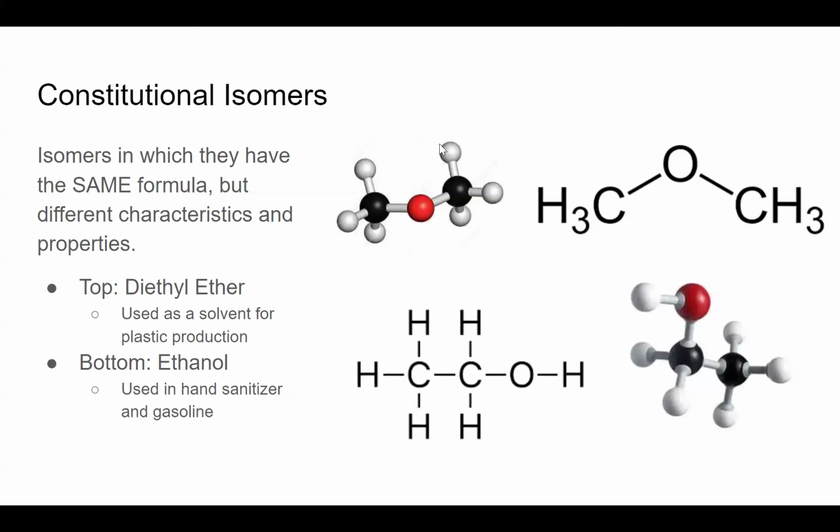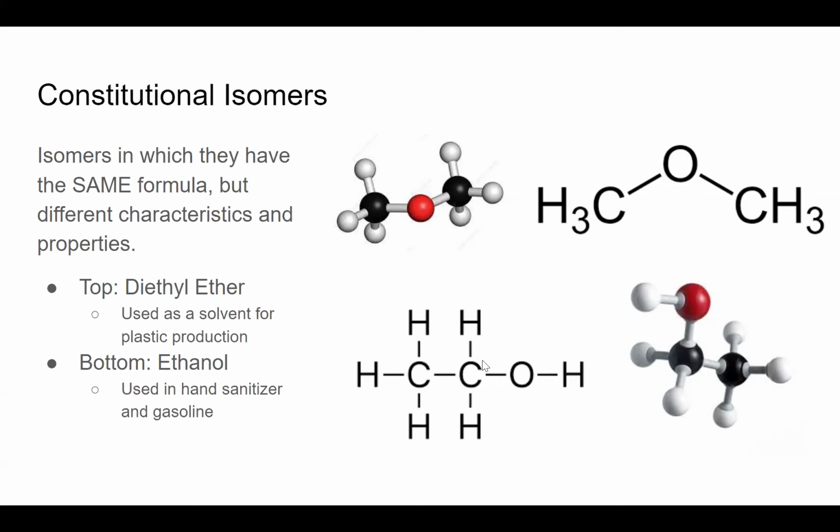Constitutional isomers. Constitutional isomers are compounds that have the same formula, non-superimposable, and they have different characteristics and properties in real life. Diethyl ether, the one above right here, has an oxygen in the middle and 2 ethyls coming out the side.